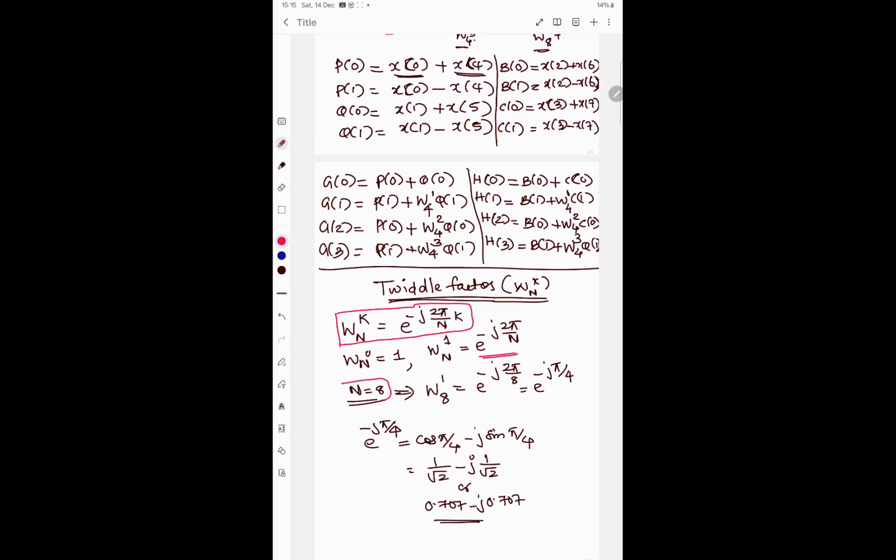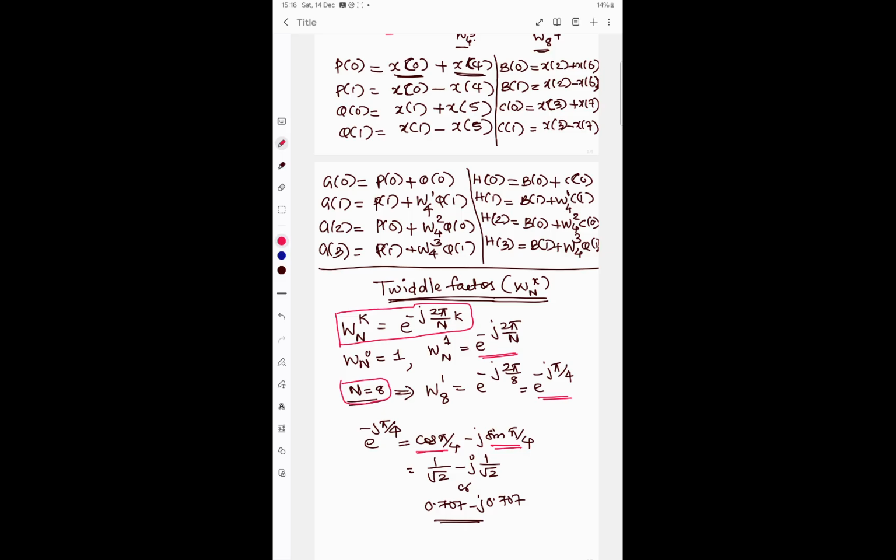If you substitute for n, for example in the case of an 8-point FFT, where n is equal to 8, W8 to the power 1 is nothing but e to the power minus j 2 pi by 8, which is e to the power minus j pi by 4. By expanding with Euler's rule, cos pi by 4 minus j sin pi by 4, if you calculate the values, it will be about 0.707 minus j 0.707.